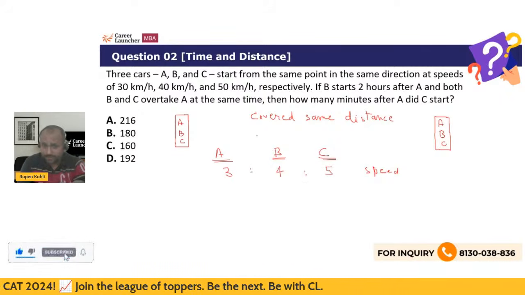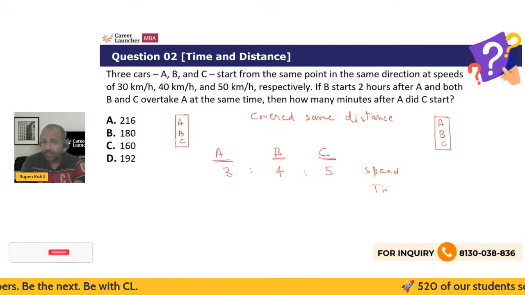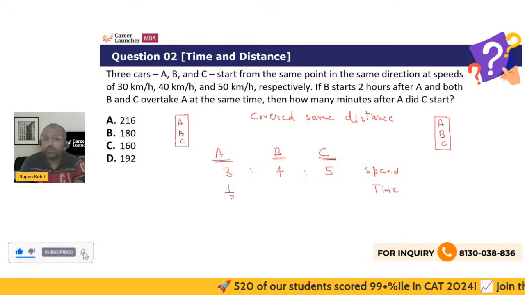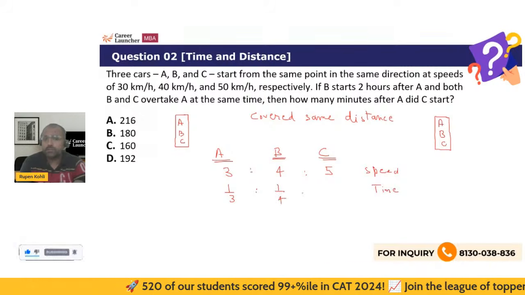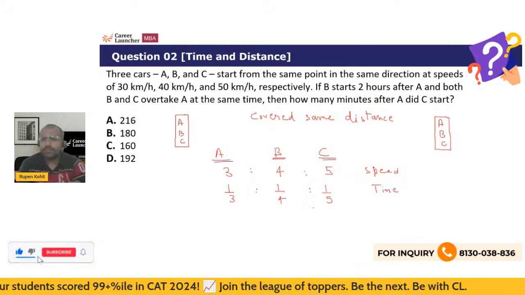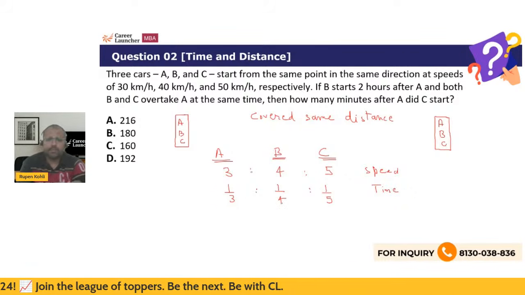Since everybody is covering the same distance eventually, the time taken by them to cover the same distance must be in the inverse ratio, which is 1 by 3 is to 1 by 4 is to 1 by 5, which can be further simplified into integer form if I multiply with the common LCM, which is 60.